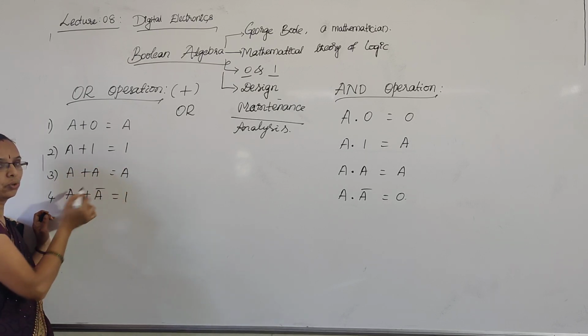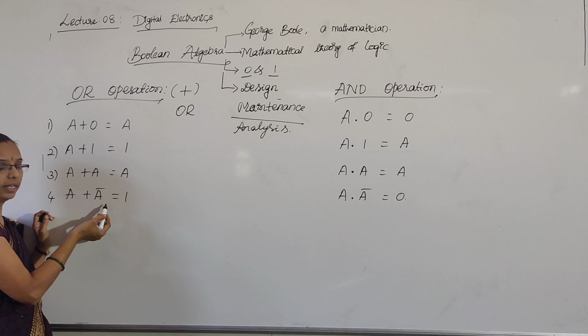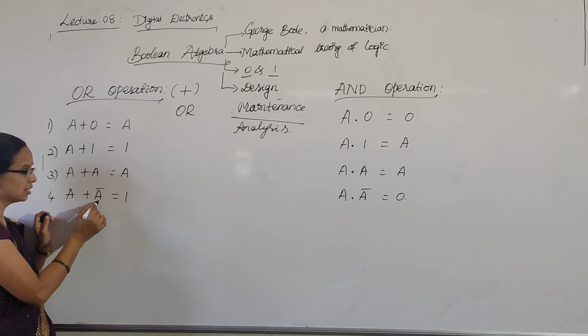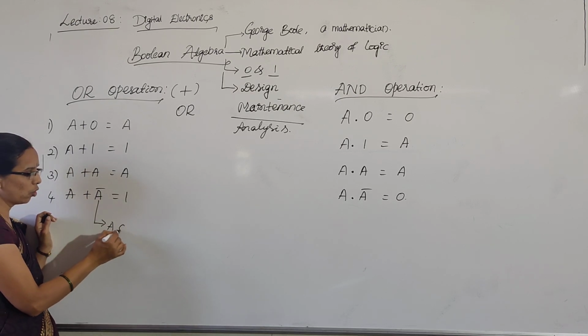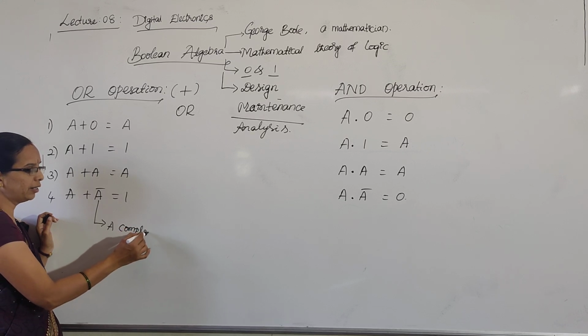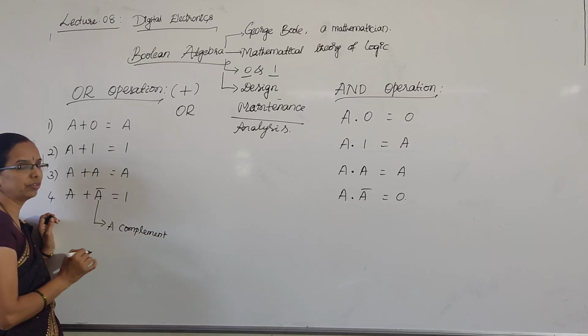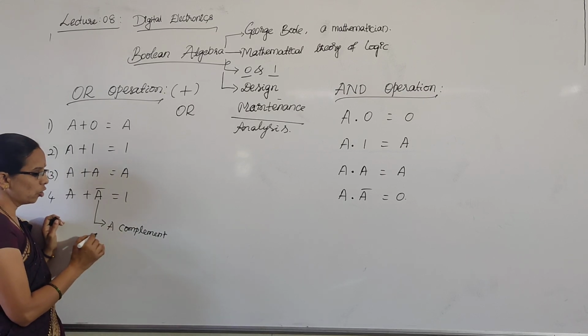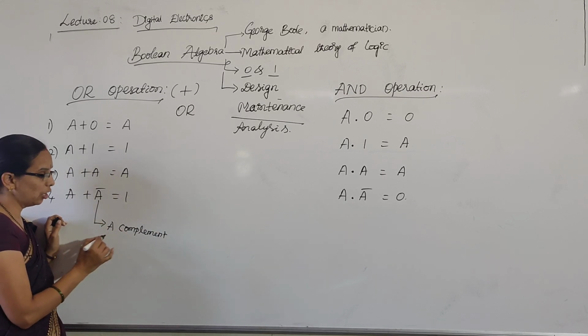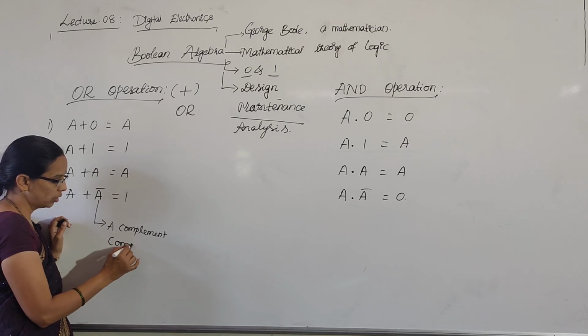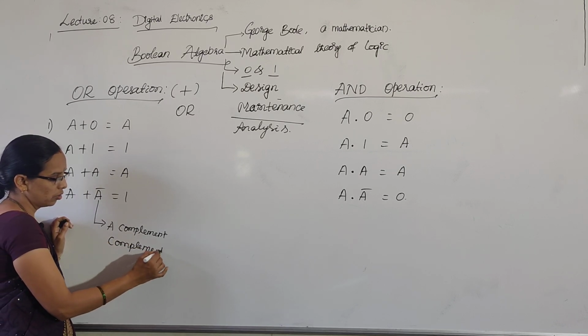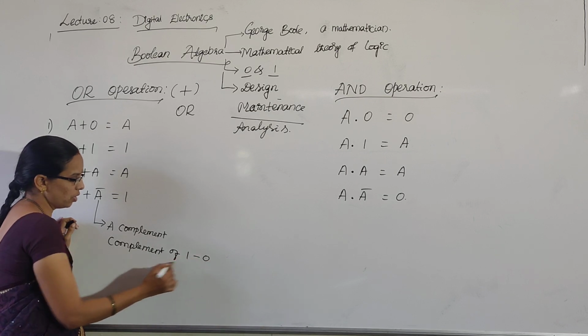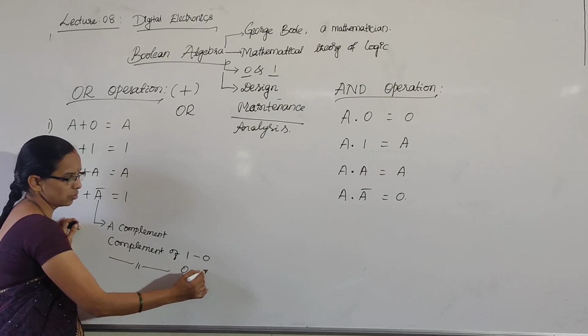A OR A is equal to A, and A OR A complement. It is read as A complement, or complement of A, or negation of A. In the last class we discussed what we mean by complement. In binary, complement of 1 is 0 and complement of 0 is 1.